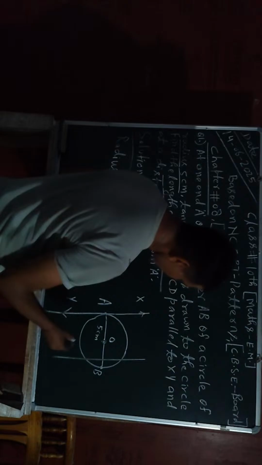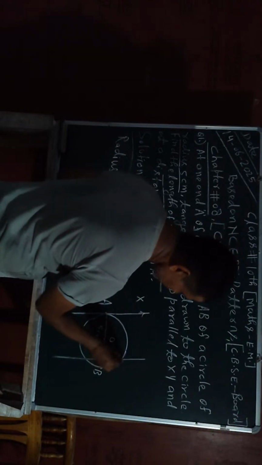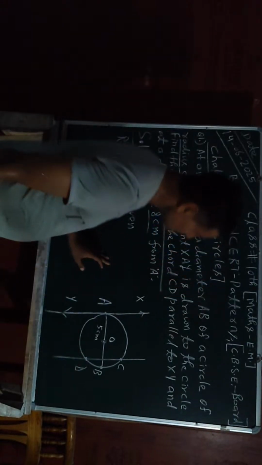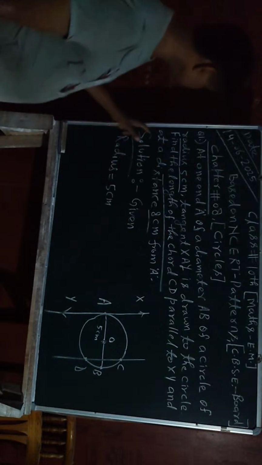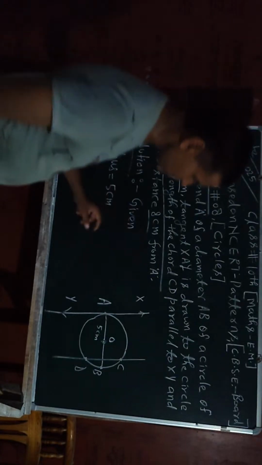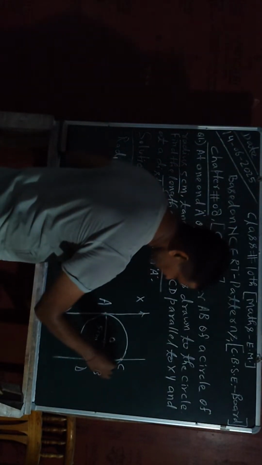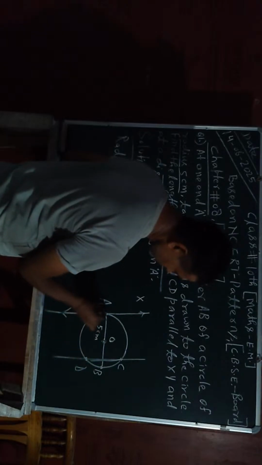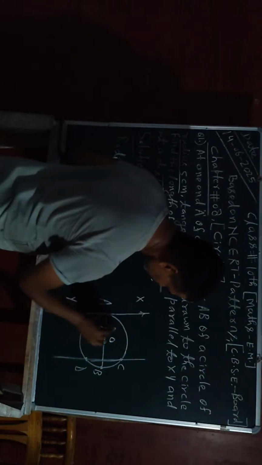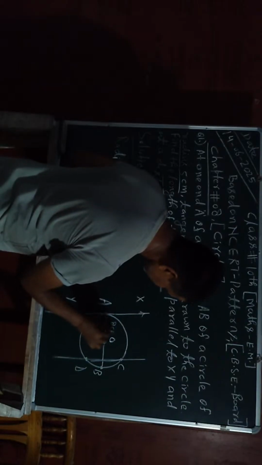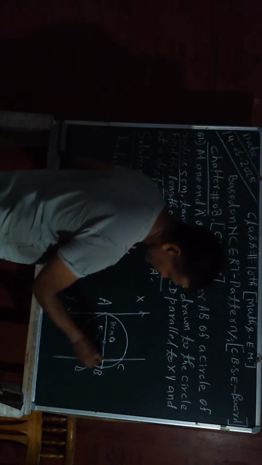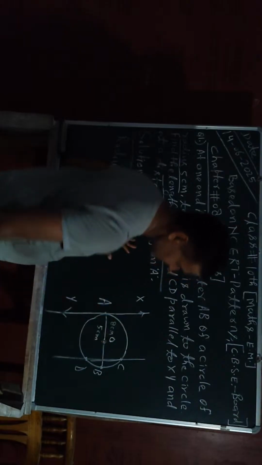So here I will mark this point as C, and another point as D. The other information given is that it is at a distance of 8 cm from the point A. It means that this line is at a distance of 8 cm from the point A. So that information is given like this, 8 cm. From this point to this point, the length is 8 cm, as given.